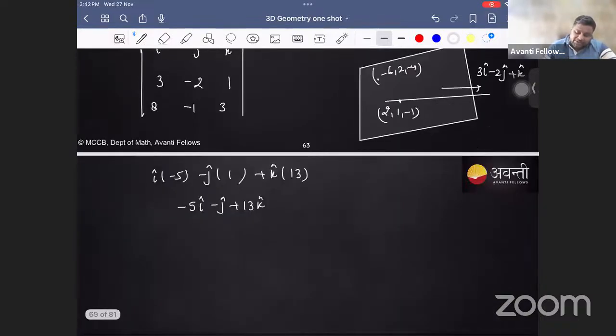So the plane will be minus 5x minus y plus 13z equals some d.